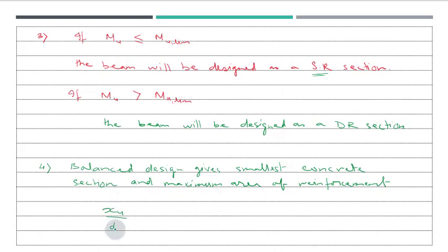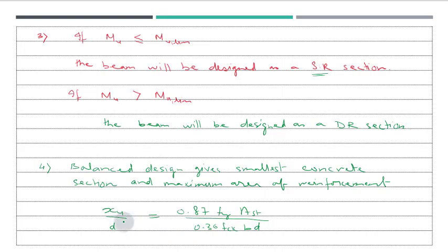You know this Xu by d is what? 0.87 fy Ast divided by 0.36 fck b d. Whenever we design an under reinforced section, this Xu by d is less than Xu max by d, right? So how can I reduce this Xu by d? By increasing b d. That is, if I increase the cross-section area of the concrete, my Xu by d will be less, right?